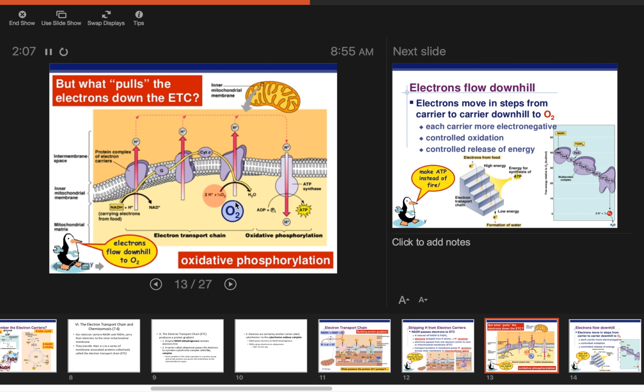It's just diffusion, okay? You're moving from high to low, and you're building up this, oops, I just said that wrong, didn't I? Yeah, okay. We're building up, so low to high here. That's why you need the electrons for energy. But the electrons are really traveling downhill, because this is a high energy carrier, and then it gradually gets lower energy-wise.